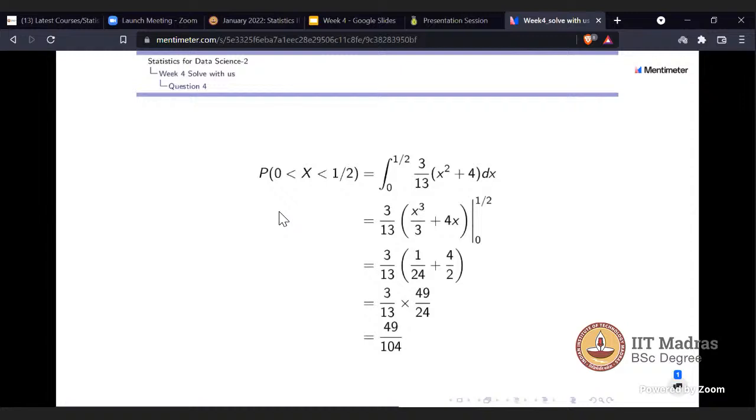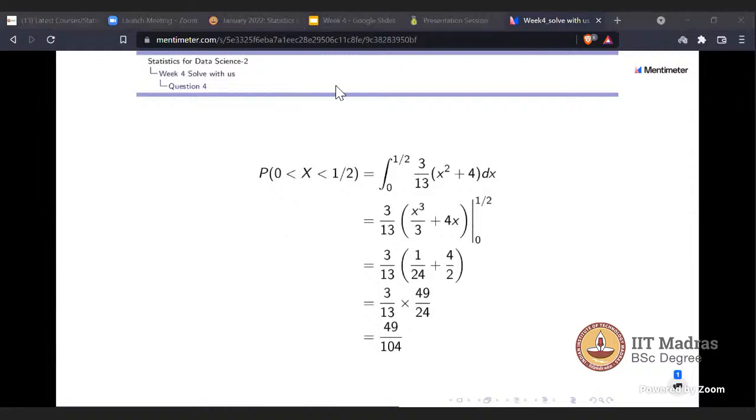One doubt, ma'am, that we are not considering x equal to any of the values, either 0 or half. We are not considering x inclusive of 0 or of half. So shouldn't we consider either of them? Okay, so your doubt is that in the question, 0 and half are exclusive, so it's not x less than or equal to half.